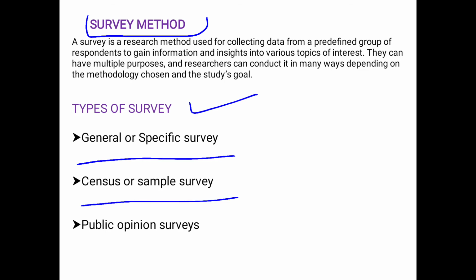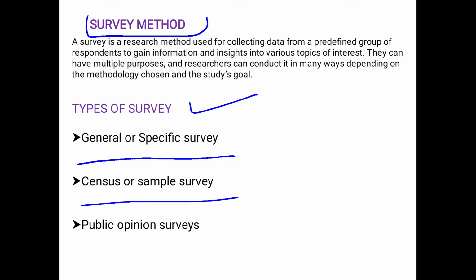Next point, census survey and sample survey. We already mentioned census survey, which is a kind of general survey. Its unique characteristic is that it collects data from all the members of the population. A sample survey, on the other hand, is just opposite to the census survey.